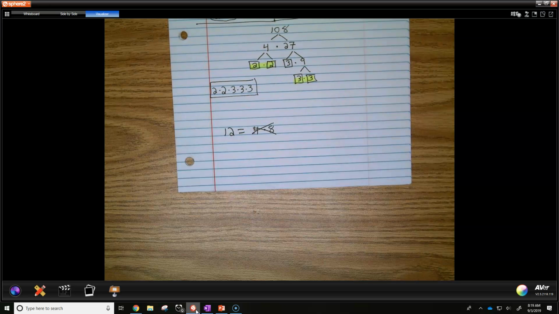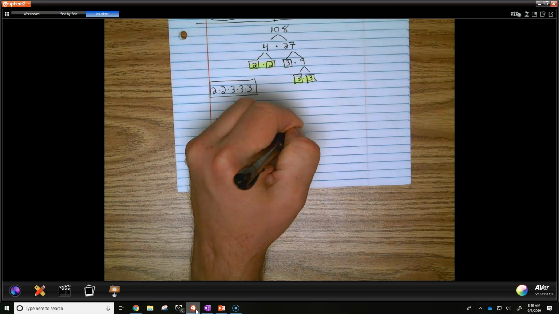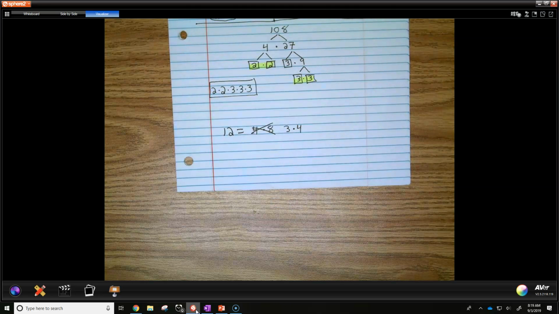Can anyone tell me what would be factor pairs of 12? Grace? Okay, I could say 3 and 4. They are both factors, and if I pair them together, they give me my given number. Right now, my given number is 12.